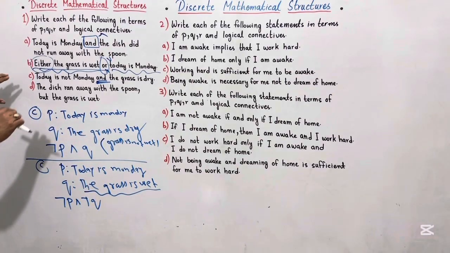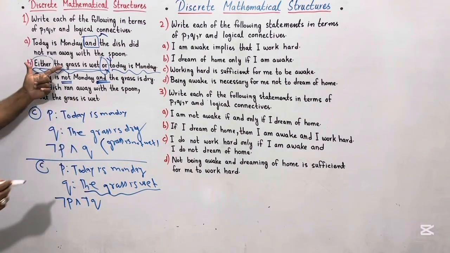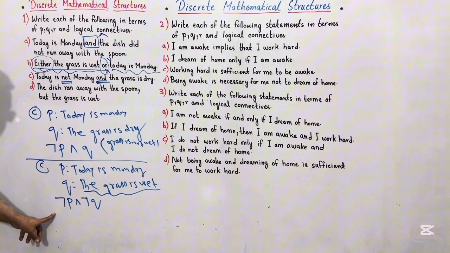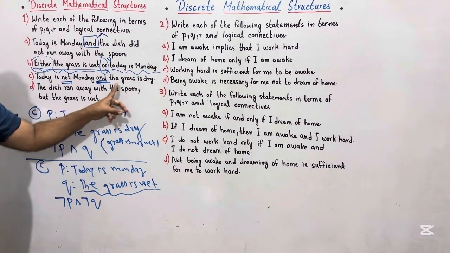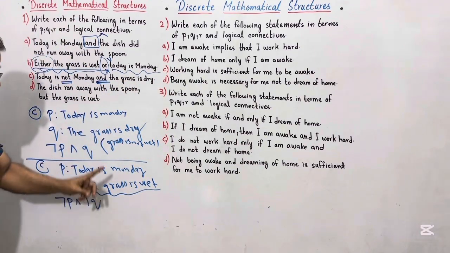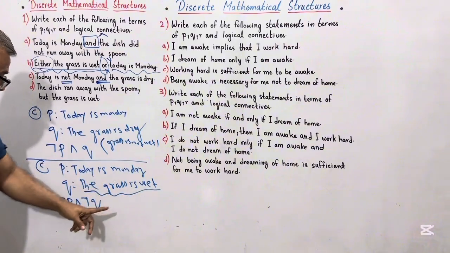And here we have today is not Monday, meaning negation of P, and the grass is dry. The grass is dry means the grass is not wet.